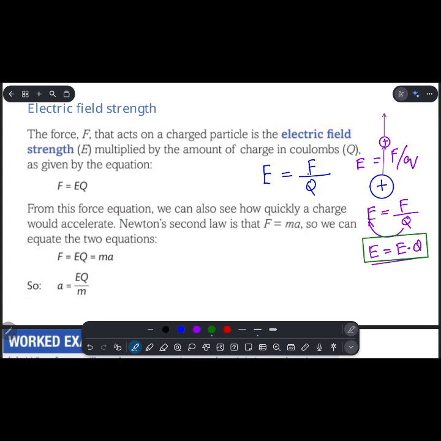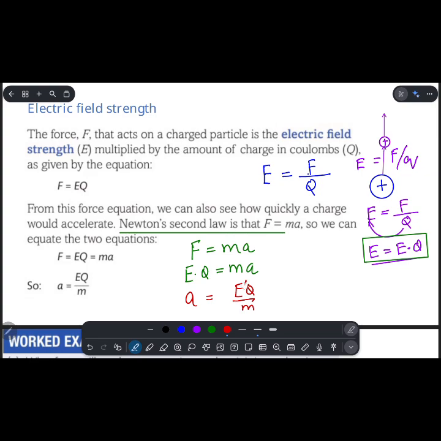According to Newton's second law of motion, the electric force can cause an acceleration on a body. So the force which is equal to ma, and here the force is equal to E times Q, so the acceleration can be determined by EQ upon m.